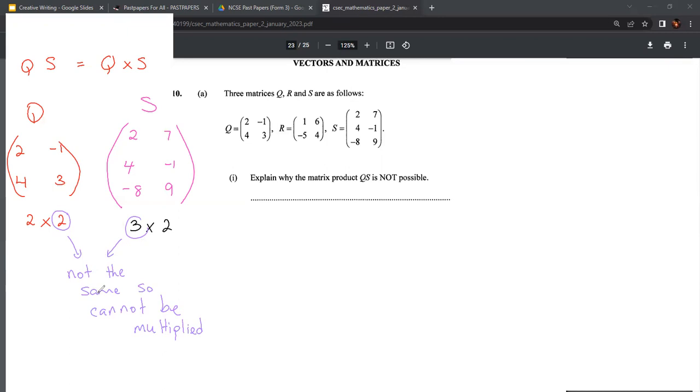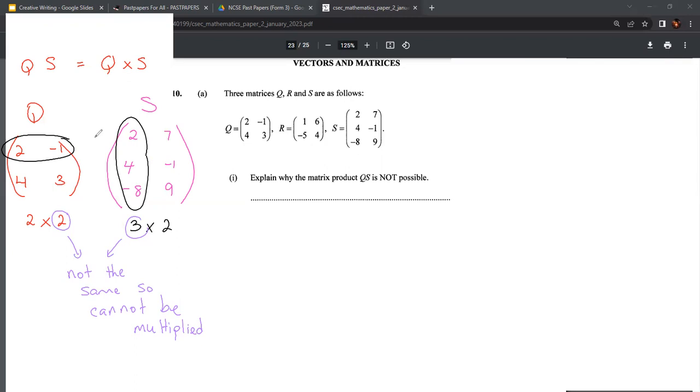All right, so not the same, so cannot be multiplied. And that basically explains it. And I'll show you why. Look at Q. Remember, it's always each row by each column. In this row, we have 2 elements, but in the column, we have 3 elements.